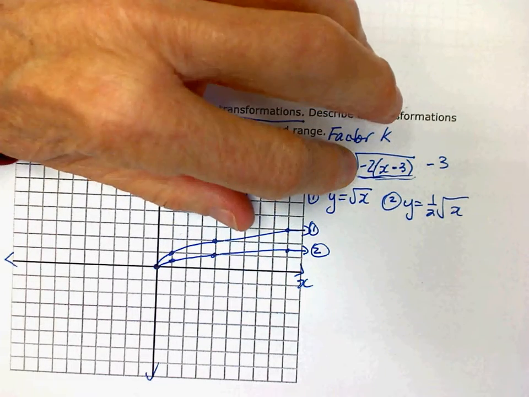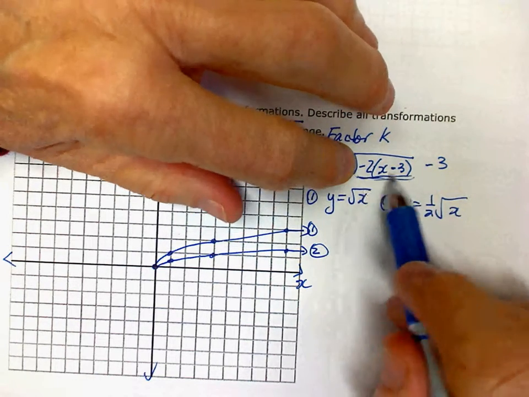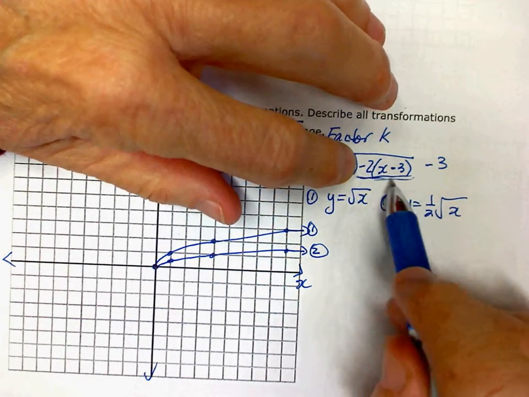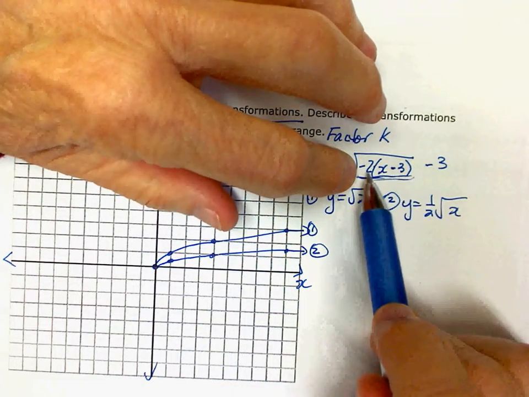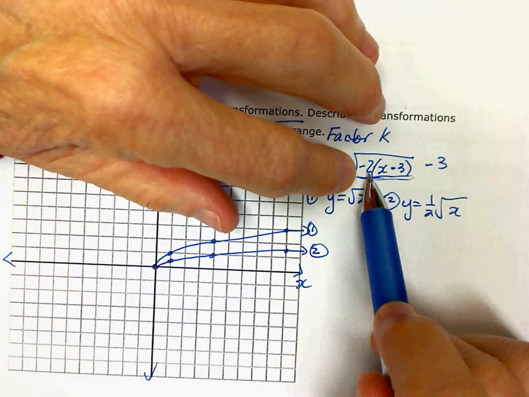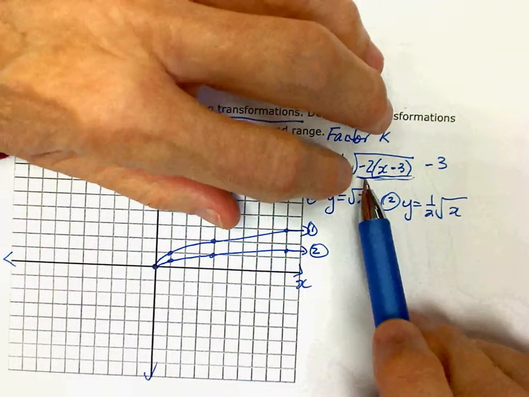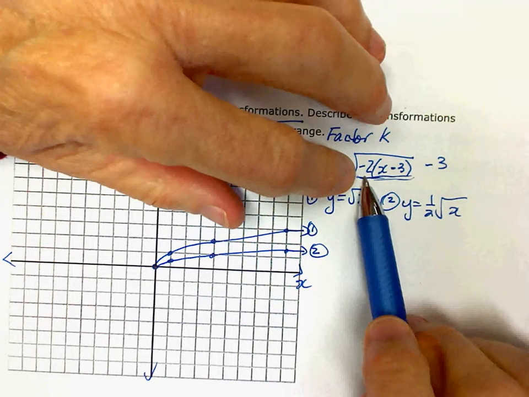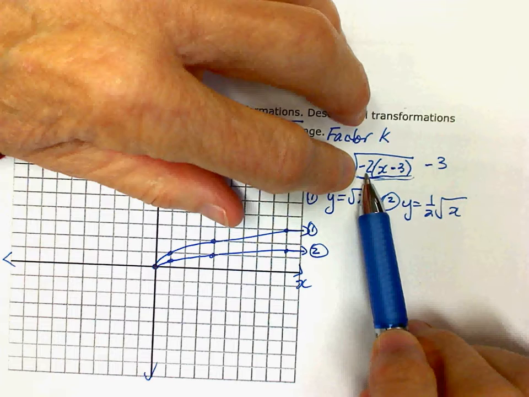This is negative 2. Now, anything that applies in the horizontal direction, think of it as disobedient. This looks like you multiply everything by negative 2, but the graph goes, I'm not doing what you tell me to. I'm going to just multiply it by negative half. It's disobedient. This is a compression by a factor of 2.